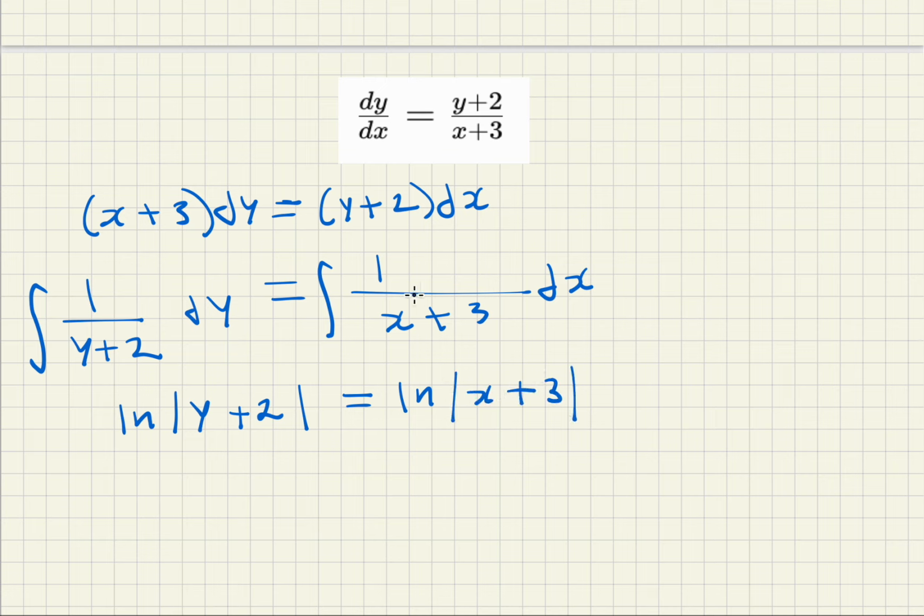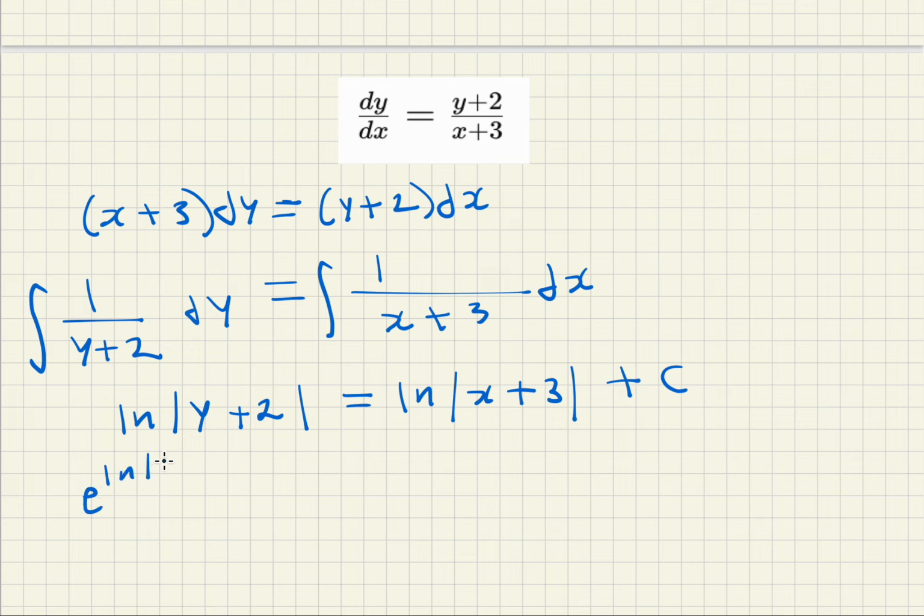If you can't integrate 1 over x plus 3 that easily, you can make a u substitution if that makes it easier for you. You can make u equal x plus 3, and you get 1 over u, which is natural log of u, and that is natural log of x plus 3, plus c. Now, like before, e to the power of natural log is that equation.